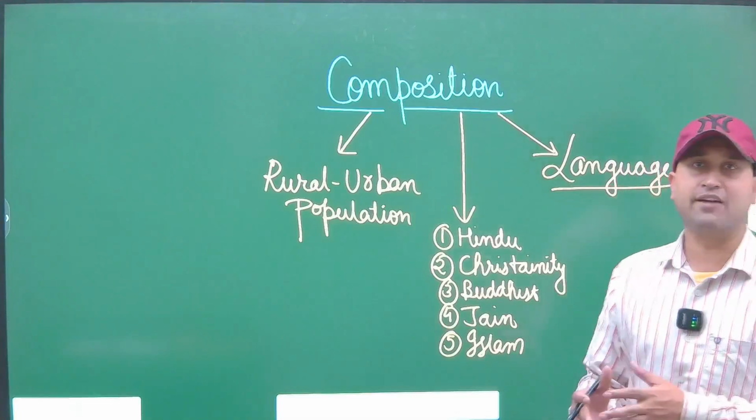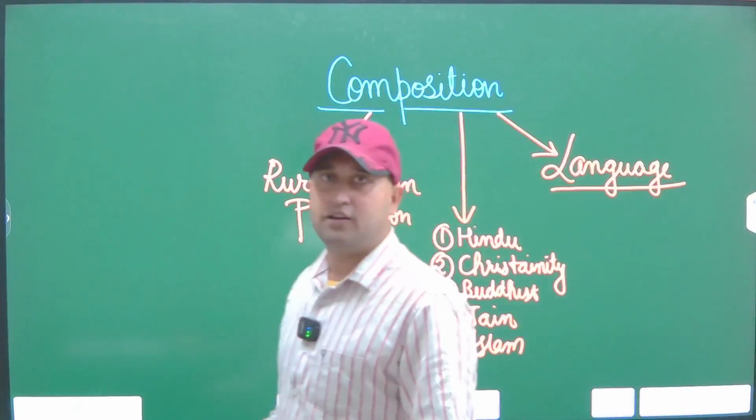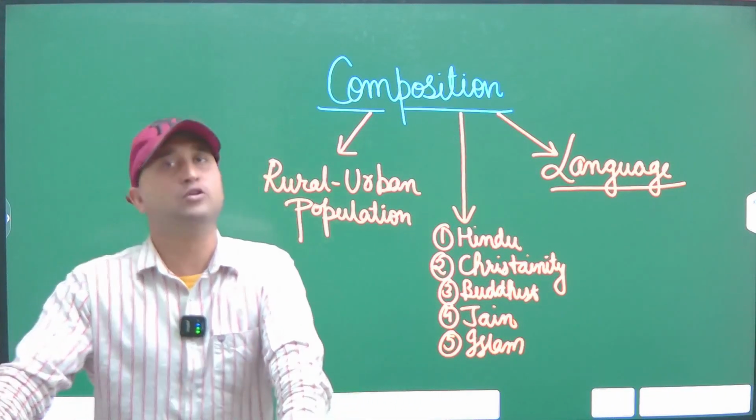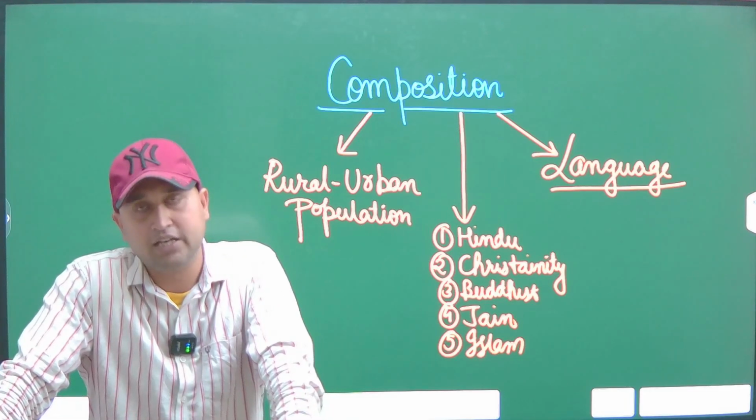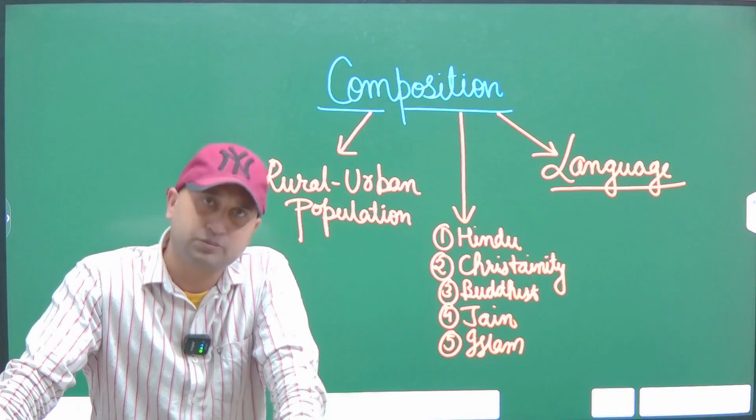On the basis of language, for example in the context of India, people who belong to Tamil Nadu speak Tamil. People who belong to Maharashtra speak Marathi. People who belong to Gujarat speak Gujarati.